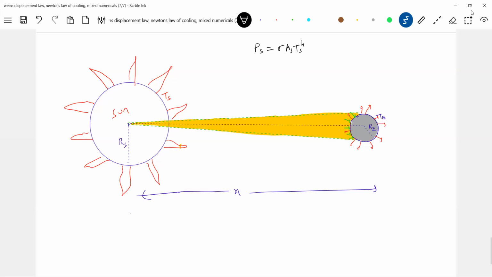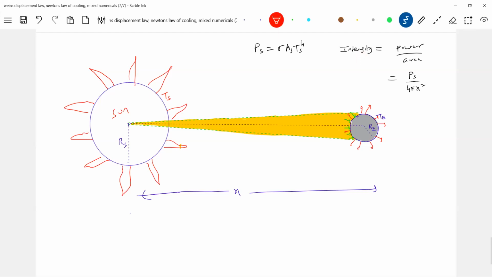Then the intensity at a distance x is given by intensity is equal to power by area. So what is the power of the sun? 4 pi x square. Okay, like this, what happened? The intensity of the sun reaching the earth.